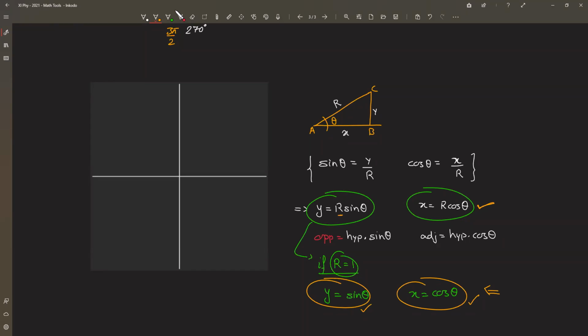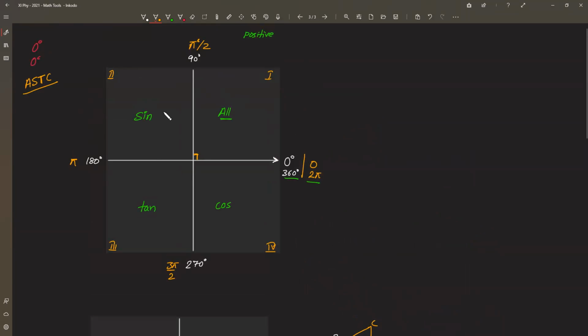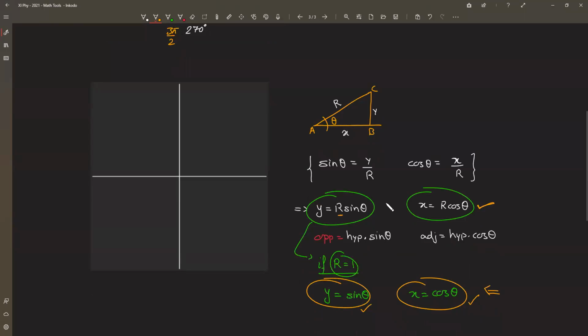Because this will help you in understanding why sine theta and cos theta have different signs in different places, right? So if you take any right angle triangle such that this length is equal to 1, and this is theta, and you have to find sine theta, you just find this Y. This Y will be your sine theta and the X will be your cos theta.